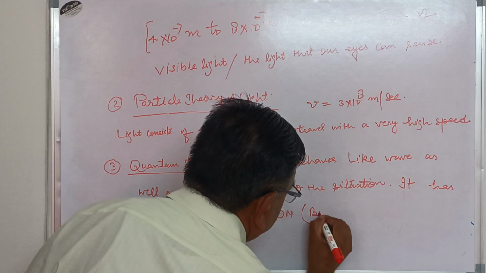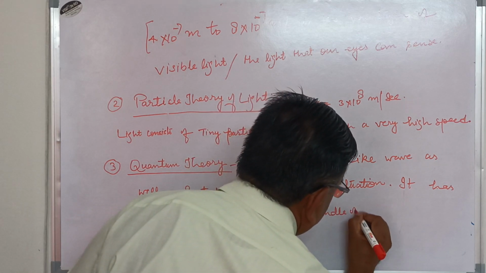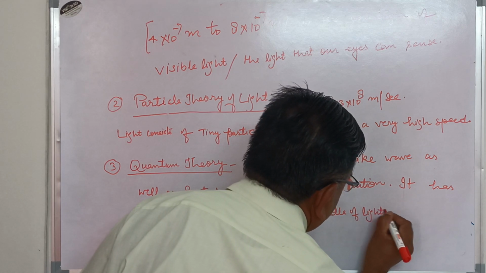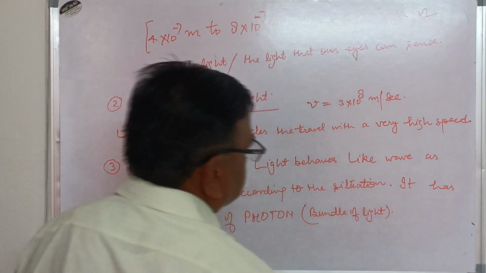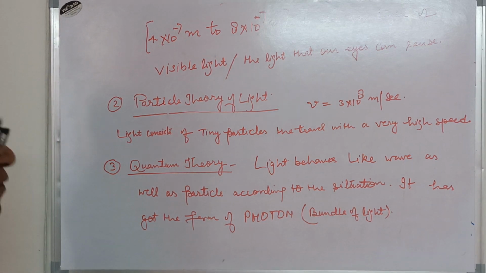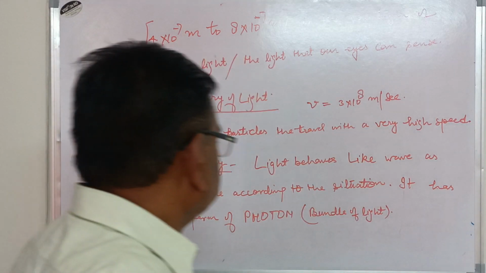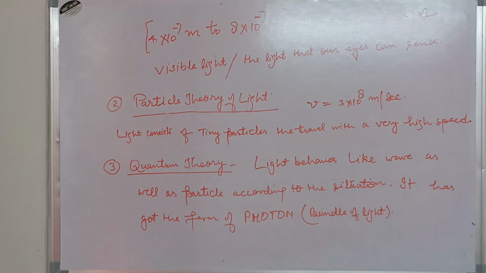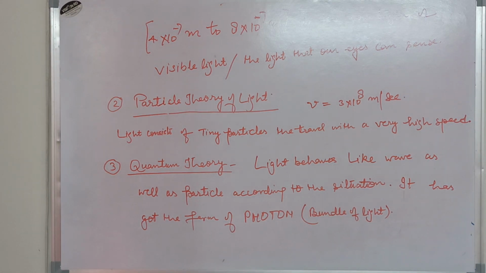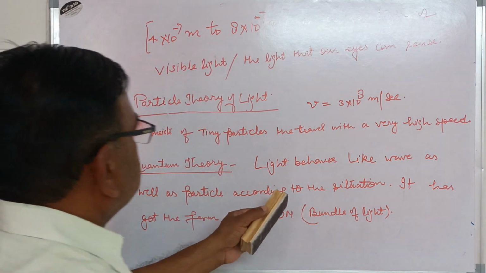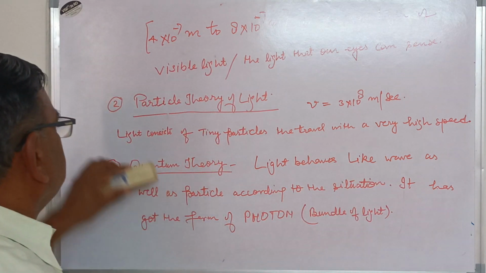Photon means bundle of light, B-U-N-D-L-E, a small bundle of light. Photon. According to the situation, light behaves like wave as well as particle.